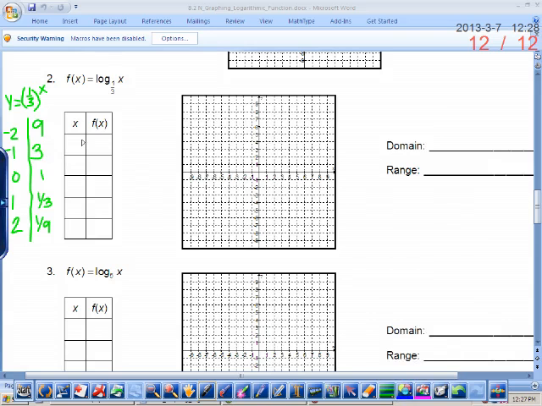All right, and then flip your points. Let's find your inverse. Then go ahead and plot your graph.